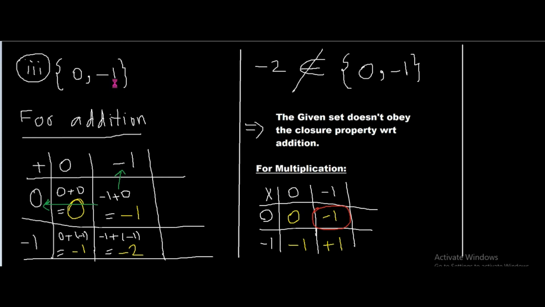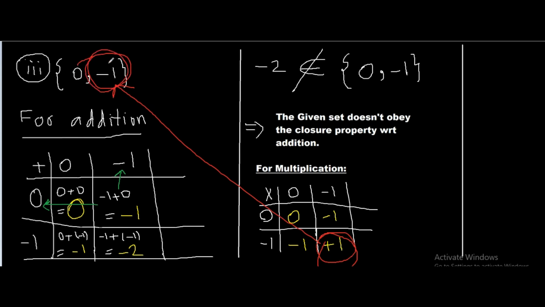Now next is again -1, and -1 has been verified that it is included in this set. Therefore no problem. So the final is +1. If you check here in this set, there is no +1 because this set has -1, not +1.